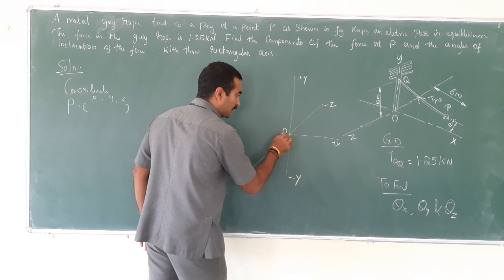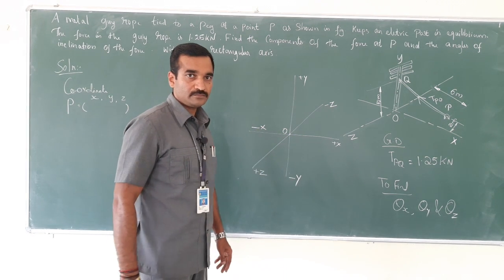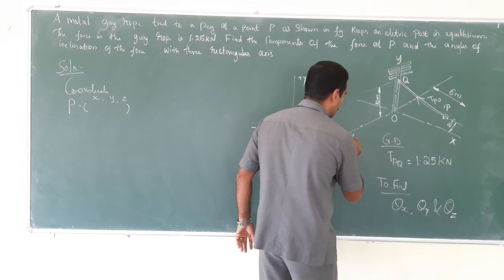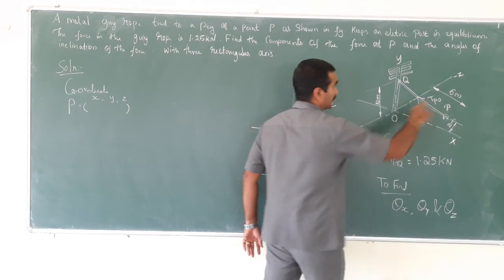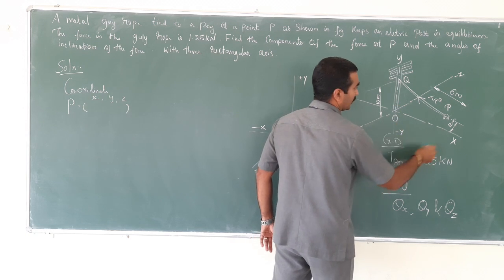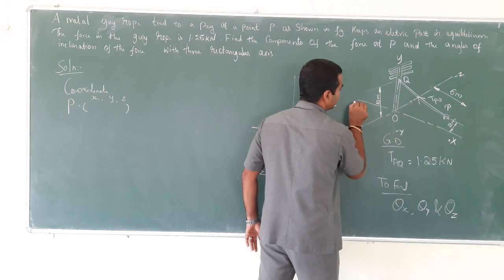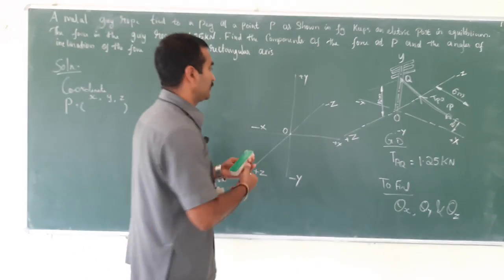If it goes beyond this x axis, this could be minus x. Now this is positive x and this is positive z, this is minus z. Suppose the axis goes here, this could be minus y. If this is positive x, then this could be minus x. This is what I just mentioned in this manner.